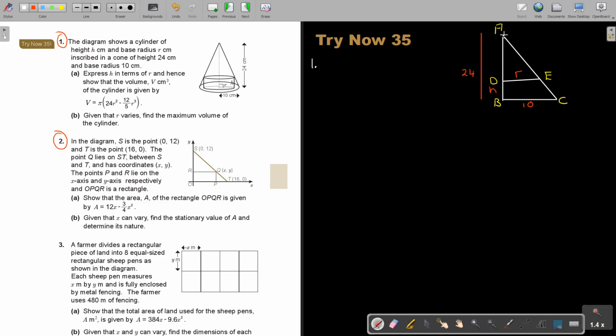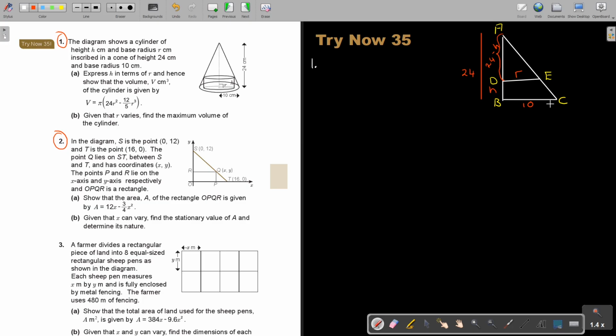So this part here is going to be 24 minus h. Okay, there it is, and I have everything.